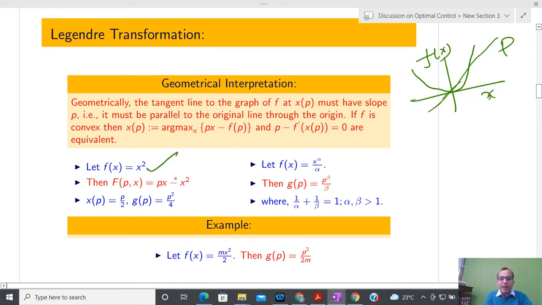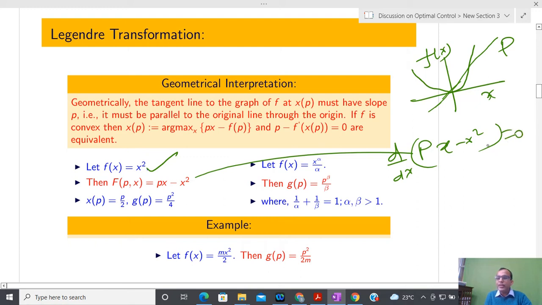And how one can define p: I just have to make sure that the derivative of p x minus x square with respect to x should be 0. Okay, if you keep this equal to 0, then it is possible to show that in this particular expression p minus 2x equals 0, because I am taking the derivative with respect to x.